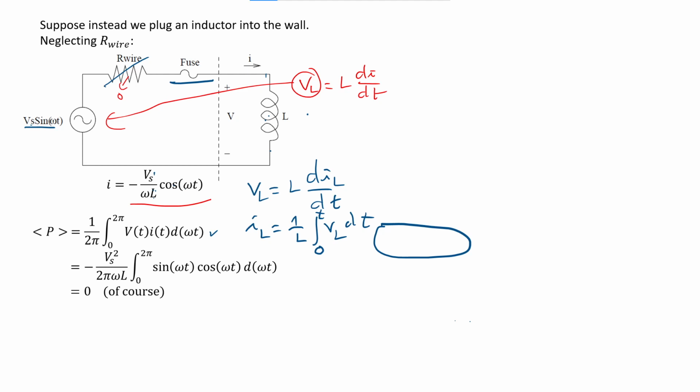So just be careful when you work with an AC voltage source. Also, in this case you may say, oh, there's no power to the inductor, then the fuse must be safe. No, the fuse is going to be destroyed if the current is too large. So current destroys the fuse, not the power on the inductor.